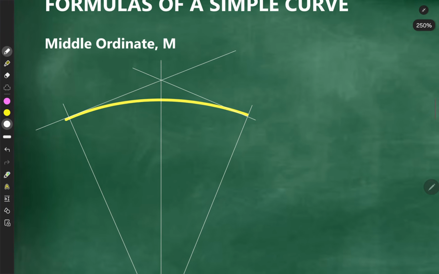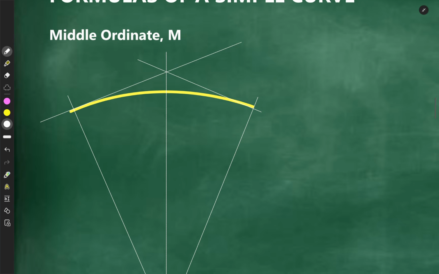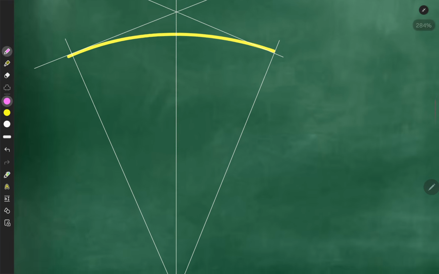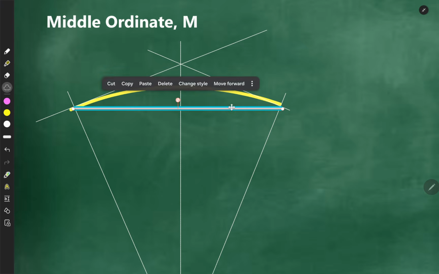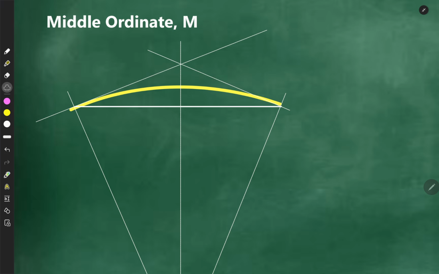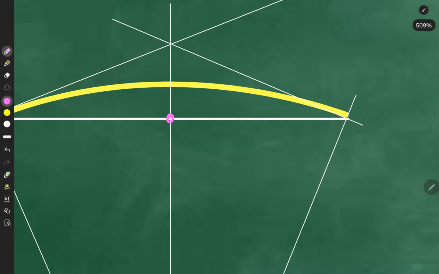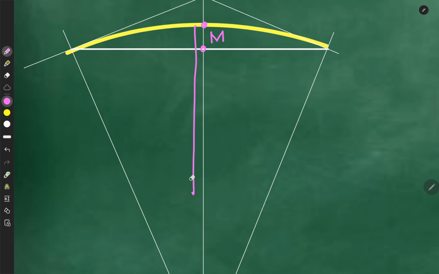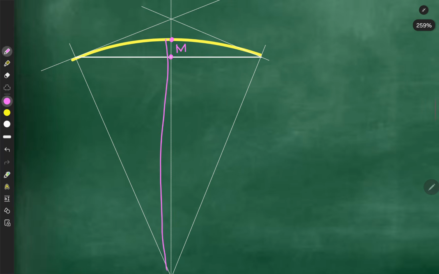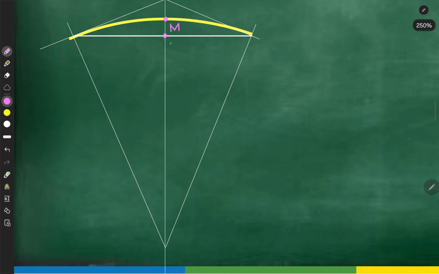Next, we also have this middle ordinate or yung M. So paano naman yung gagamitin natin doon? So yung middle ordinate is distance from the midpoint of the long chord to the midpoint of the curve. So this is our M. So kanina, if from dito to the central angle or to the center is our radius, so gamitin na lang natin to, yung distance na to.